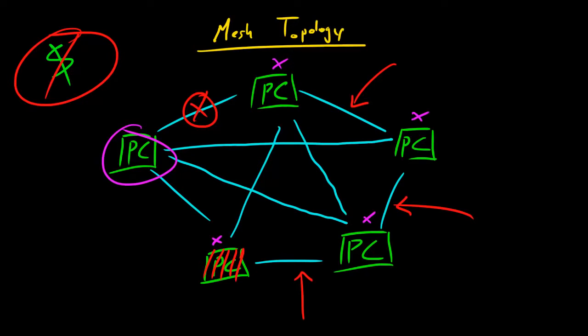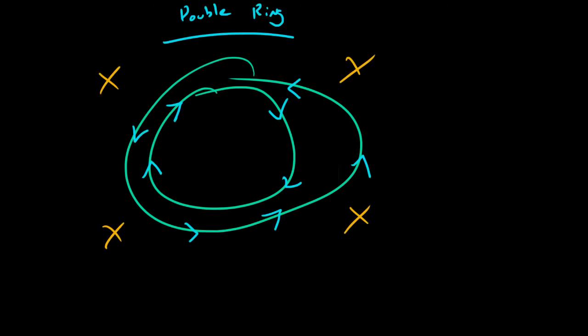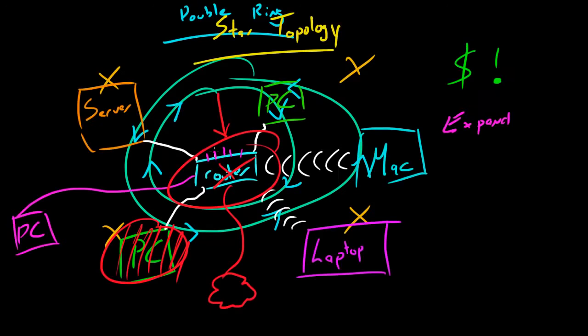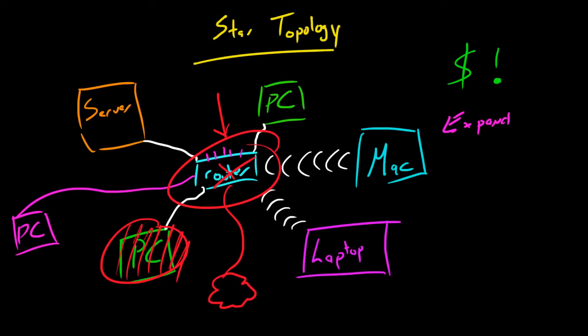Another thing is, when I talked about NIC cards, in this star example right here, this PC would only have to have a NIC card with one port in it because it only has one Ethernet cable going to one router.